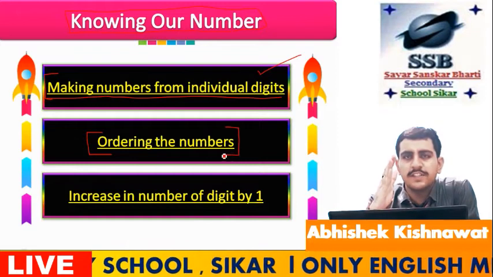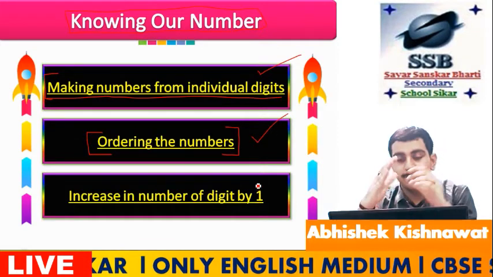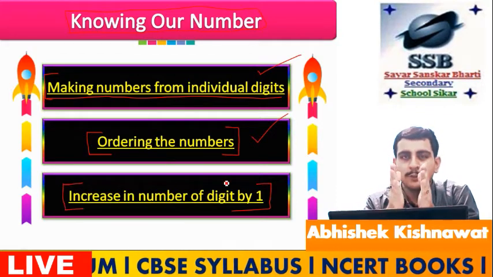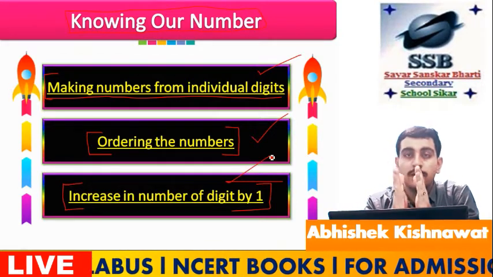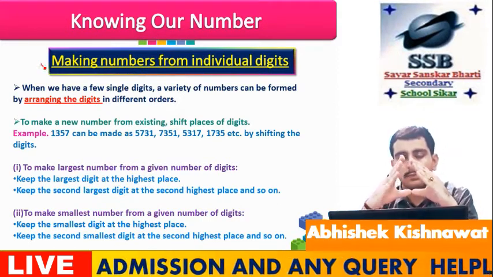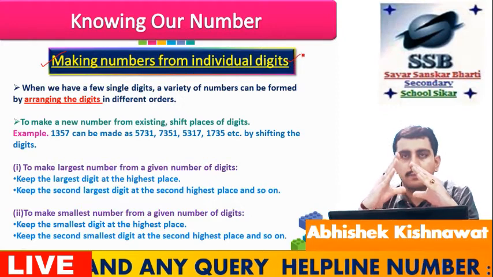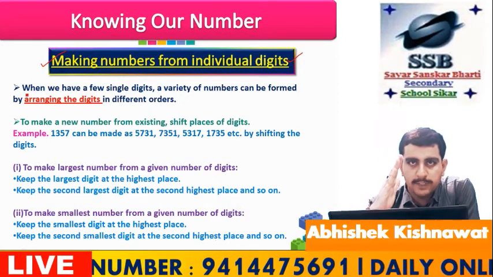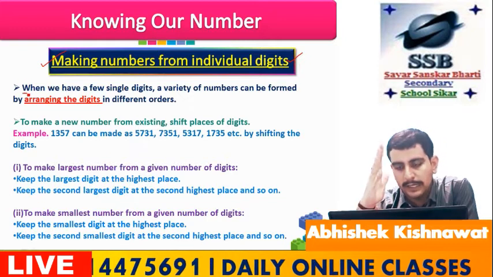In this particular session, we are going to learn more about numbers. So let's begin it. But before that, let's take an overview of our session. First, we will discuss making numbers from individual digits.